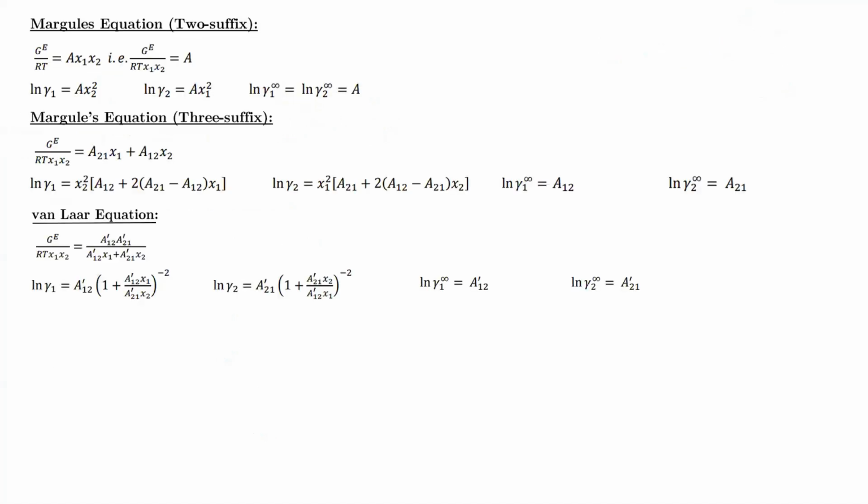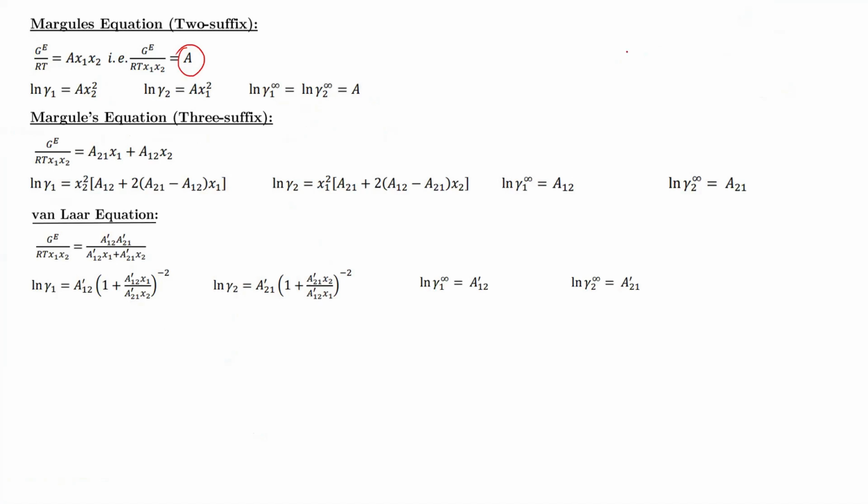So coming to here, the Margules equation is defined as G by RT is equal to A X1 X2. Generally this A is not known, right? It can be known, so I will be discussing that later.